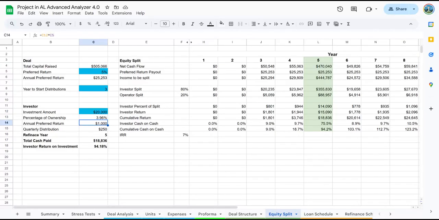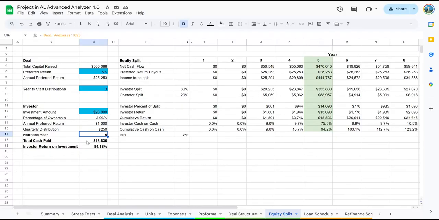The annual preferred return will be $1,000, which is about 4% of the annual preferred return. And then on a quarterly distribution, they're going to get $250. Now, when they refinance, in this scenario we're doing it in year 5, which you can see highlighted here.